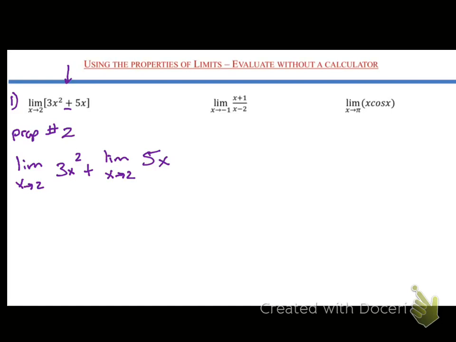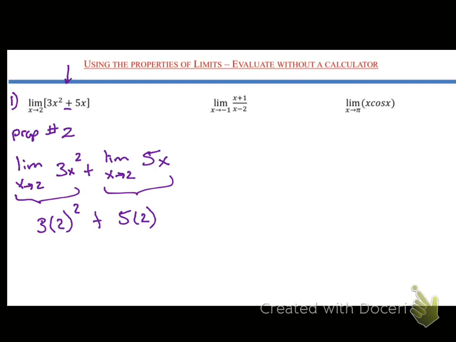Okay, now we take a look at this, and again we have a quadratic function here, and we can go ahead and plug x equals 2 in. There's no problems with that. So when I plug x equals 2 in, I get 3, plugging in 2 squared, and again on this part right here, there is no problems with 5x at x equals 2, so I can go ahead and plug in 2 right there as well.